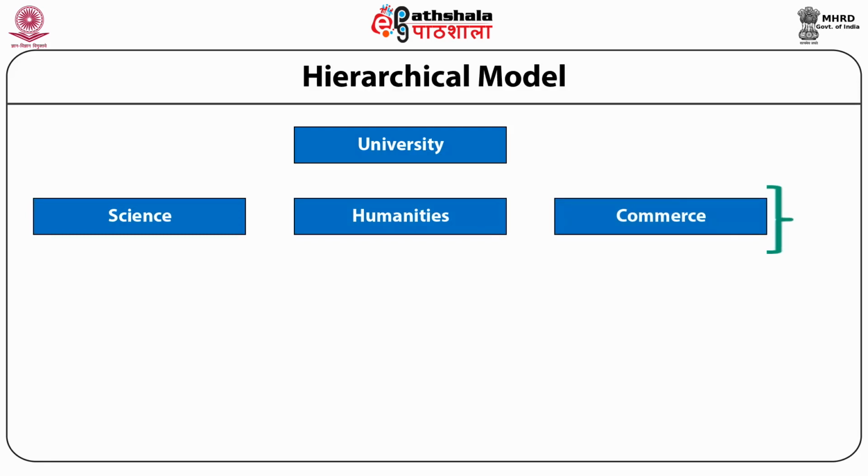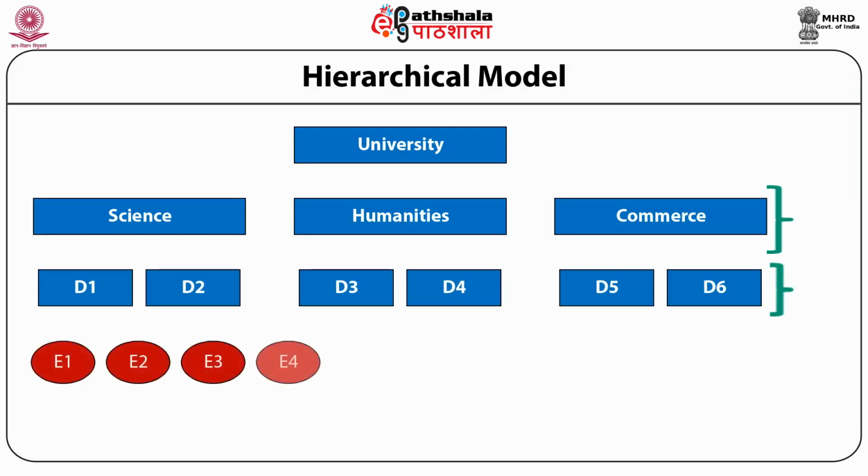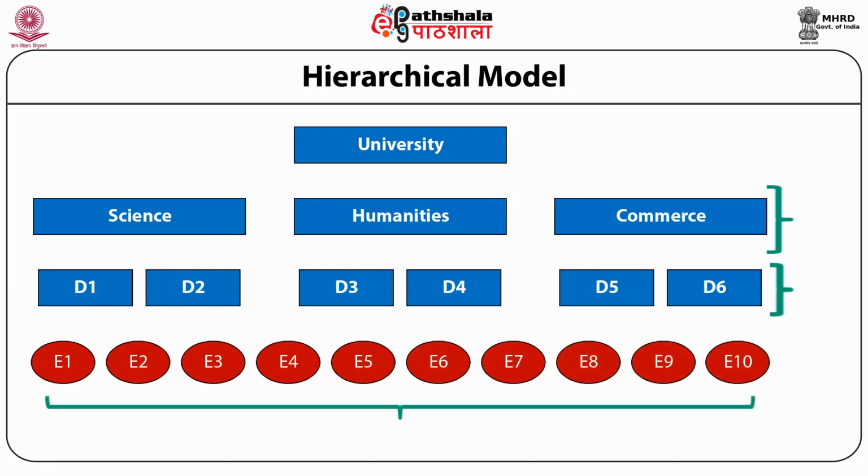Then in these faculties we have different departments, represented by D1, D2, and so on, and in each department we have actual employees. So in department D1 we have employees E1 and E2, and so forth. In this model, when you see any entity or object, you can find the hierarchical position of that particular record in the whole hierarchy, or in the whole map of data representation.